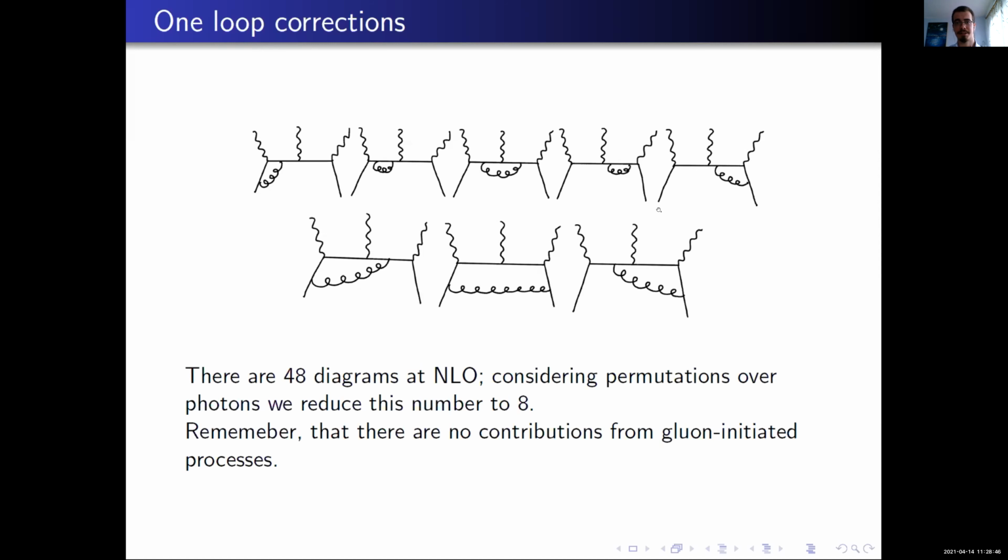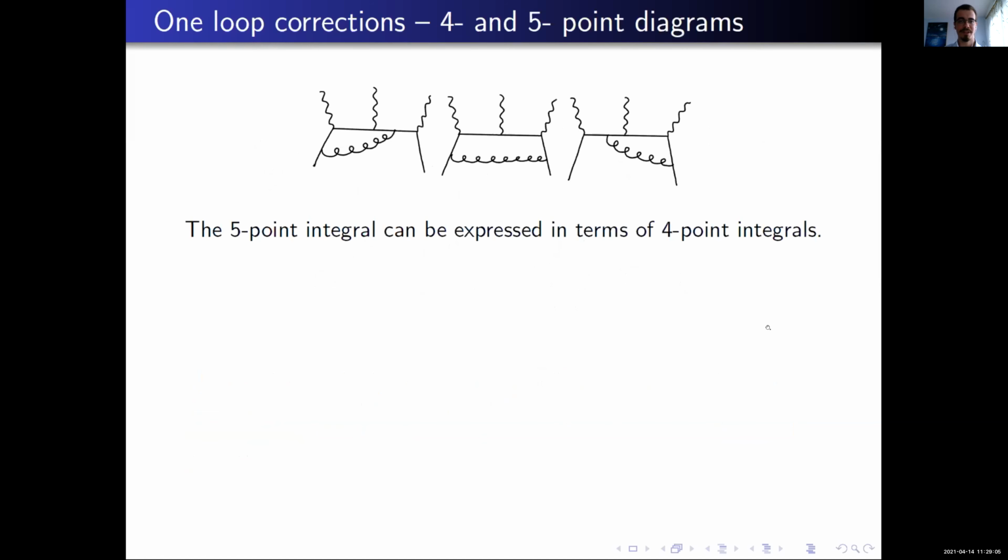The upper 5 diagrams are calculated, let's say, easily as compared to the lower 3. And because of that, I will focus only on the lower part. The 5-point diagram can be expressed in terms of 2 4-point integrals, which are present in the left and right hand side diagram. So we only need to focus on these 2 diagrams.